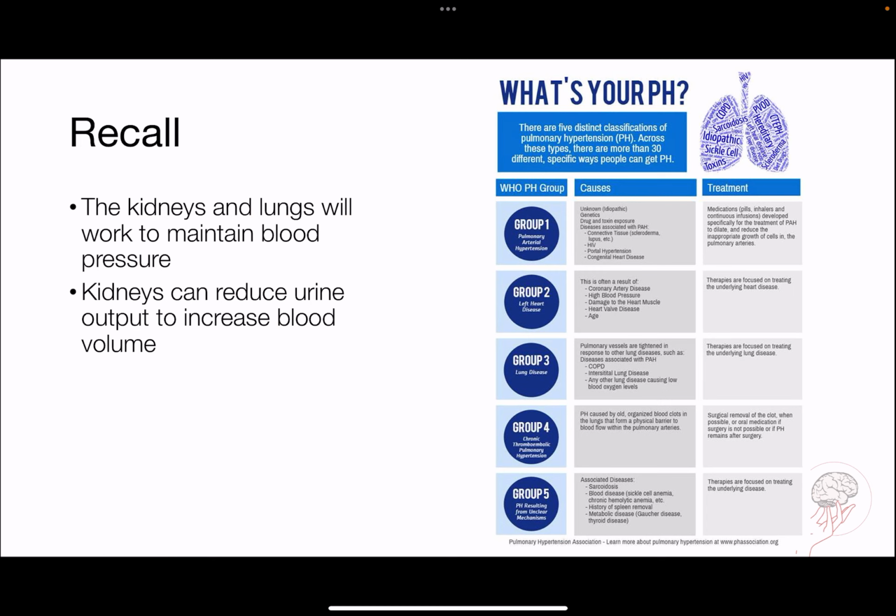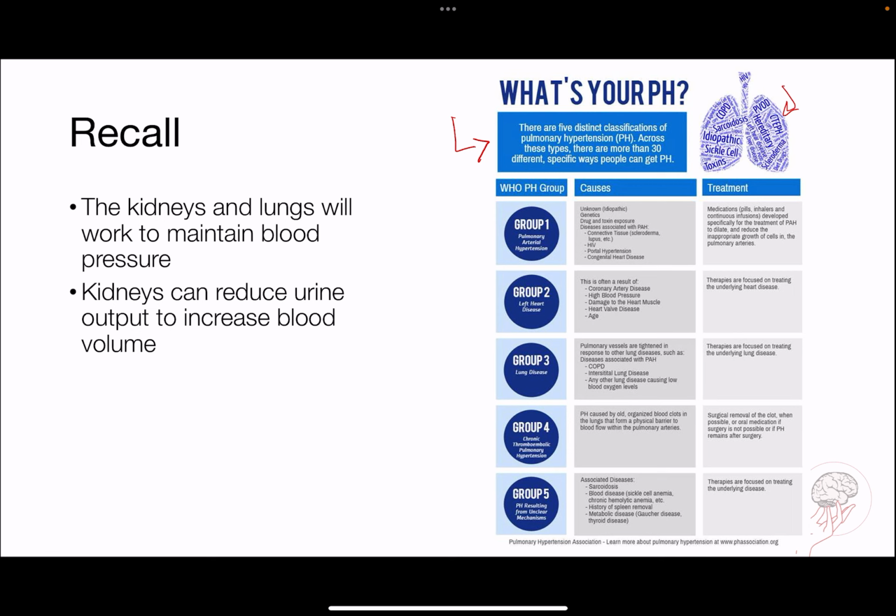So if we look here, this is pulmonary hypertension. So this is hypertension that is related to our lungs. So this is really important in this now like COVID-y world, because people who already have pulmonary arterial hypertension are going to have an even worse time with COVID.